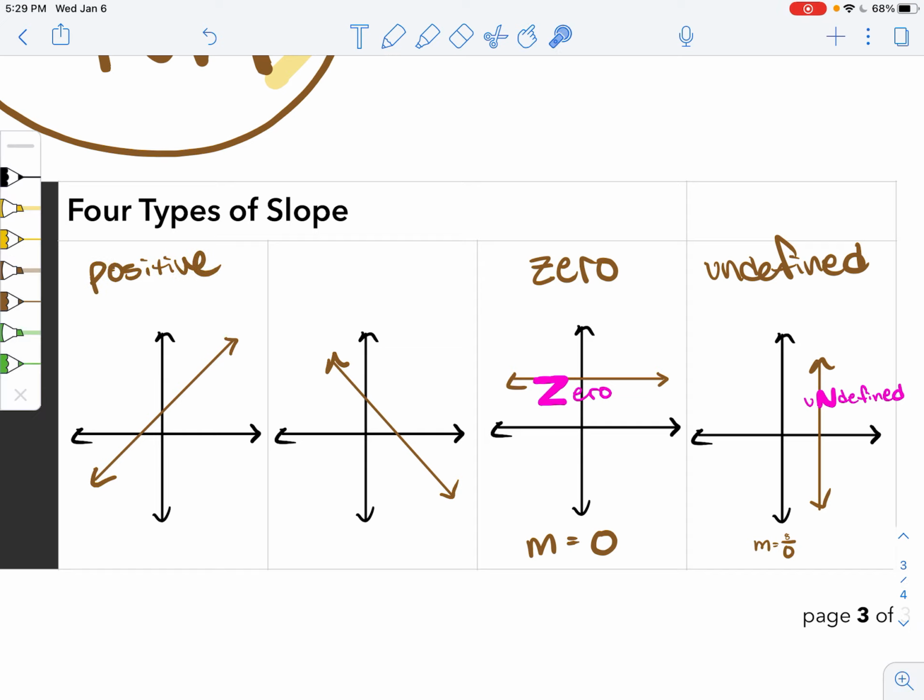And when you have a line that goes down like that, we say that has negative slope. So here m is going to be greater than 0. Here m is less than 0. When it's 0, m equals 0. And if it's none of those, well, then we don't know what it is, so it's undefined. So there you go, 4 types of slope.